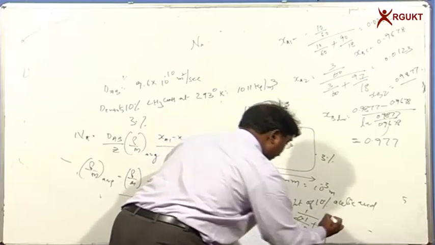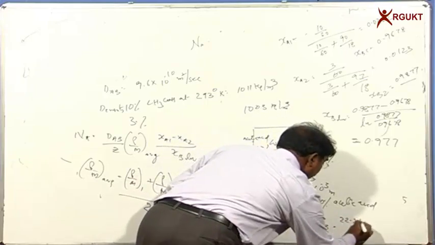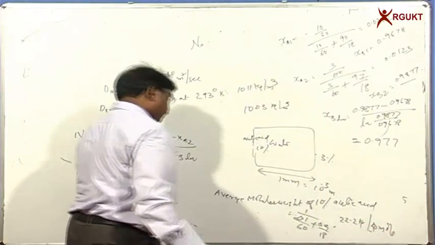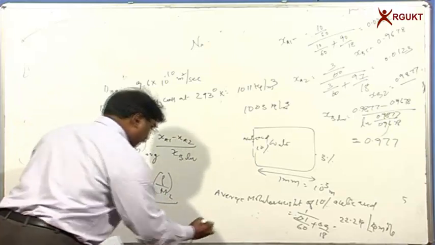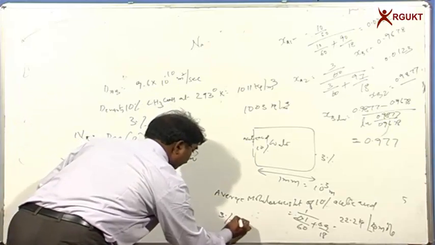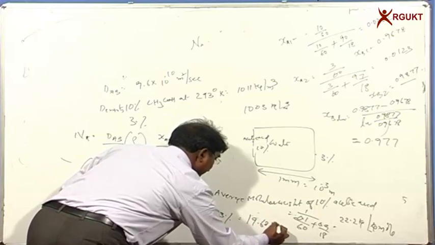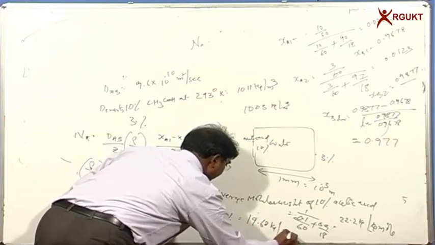That is equal to 22.2 kgs per kg mole. Similarly, we can calculate for 3% acetic acid, that becomes 19.68 kgs per kg mole.